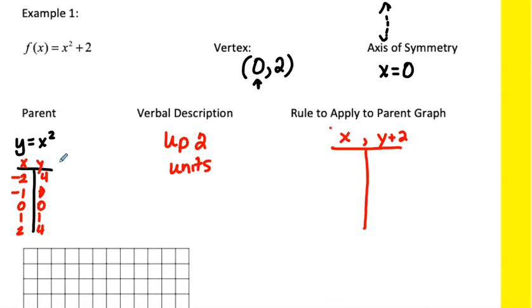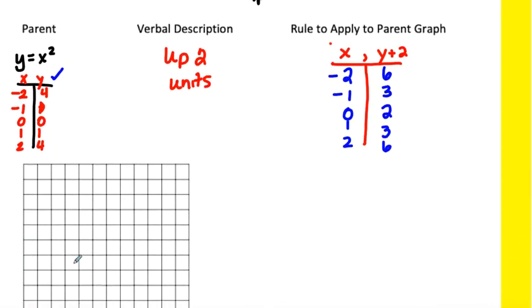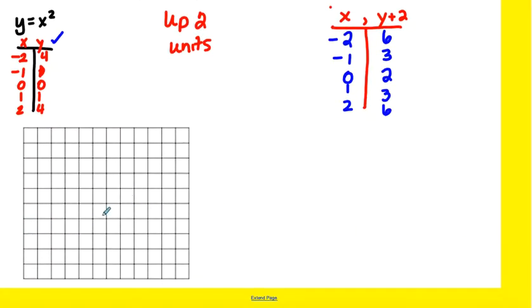All right, so I apply the translation to the graph. My x's don't change, so -2, -1, 0, 1, and 2. But to all my y's I'm going to add 2. So that's going to give me 6, 3, 2, 3, and 6. I'm going to plot those points. I left the axes blank for you so that you could put your x-axis and y-axis anywhere you wanted. I'm going to carefully label them, x and y.